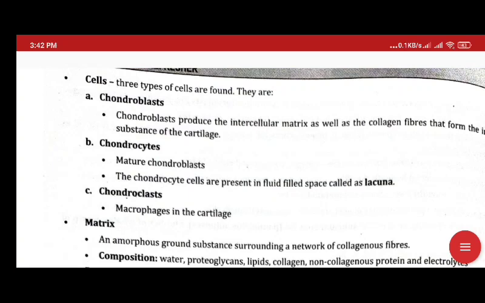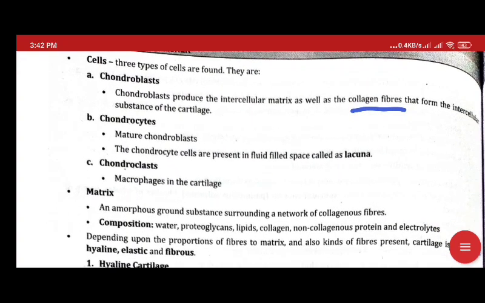That cartilage contains what? Collagen fiber. And also we have what? Mature chondroblast, that is with lacuna, fluid filled, already told in last class. Chondrocyte. And chondroclast means cartilage eating cell, that is the macrophage of cartilage, means destroying of cartilage is done by chondroclast.